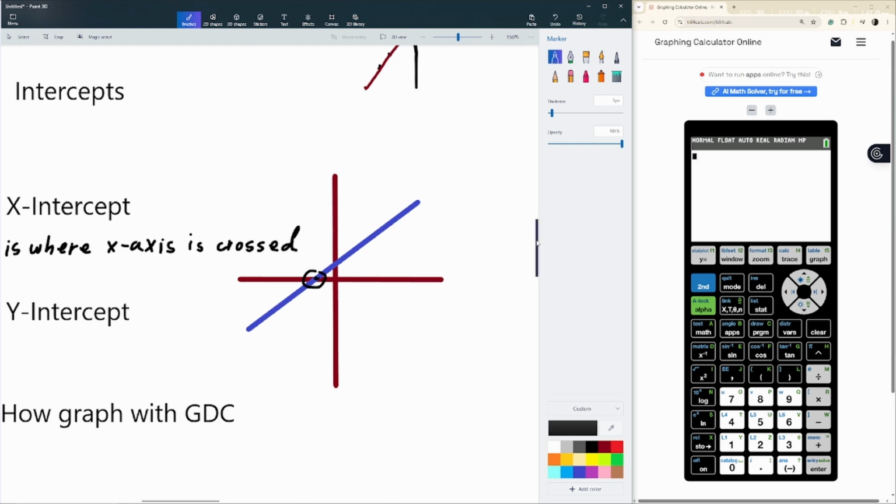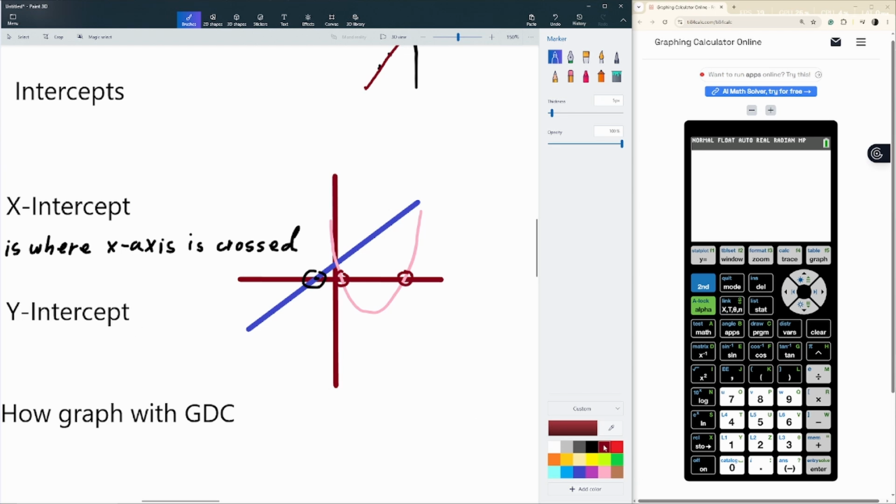You also have to know with the x-intercept that there can be multiple. Sometimes you may have graphs which go something like this, meaning that you have two x-intercepts. There can be 3, there can be 4, as many as you like.